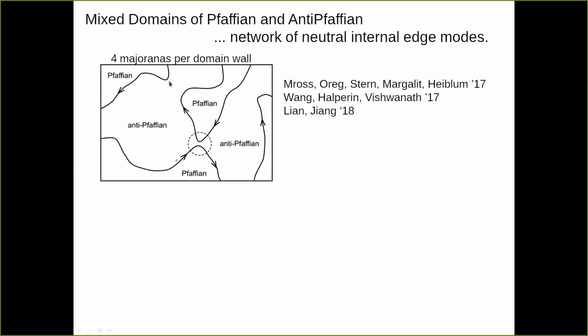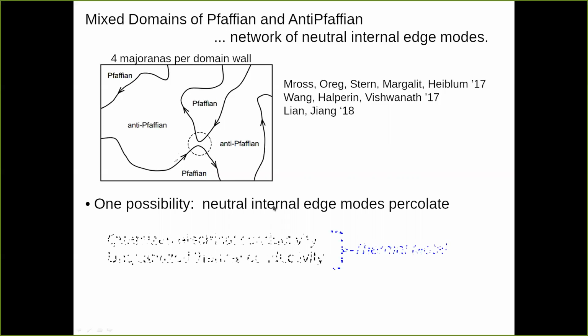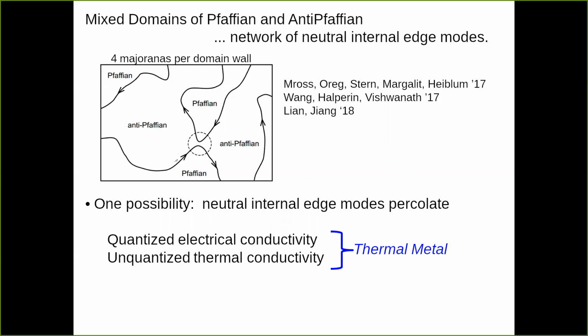So imagine you have regions which are Pfaffian and regions which are anti-Pfaffian. There would be domain walls where heat flows along the domain walls. There would be Majorana edge modes running along the domain walls. So one possibility here is that these internal edge modes percolate across the system, in which case you would have what's known as a thermal metal. This is sort of the most generic thing that you could imagine happening.